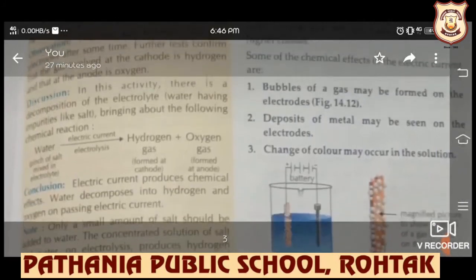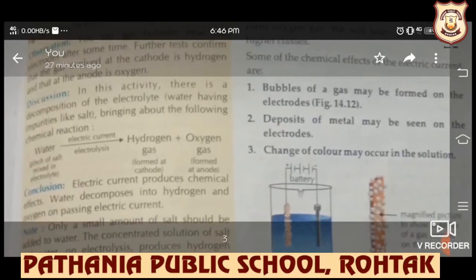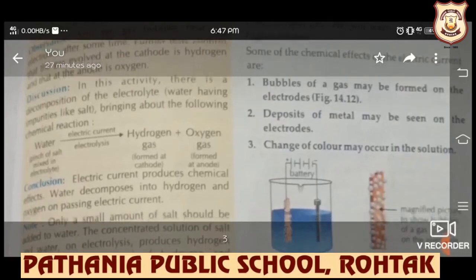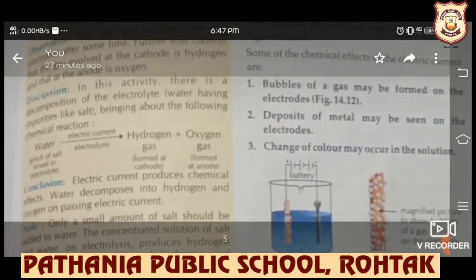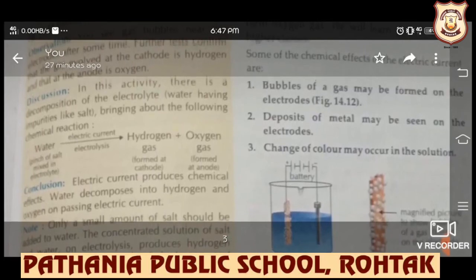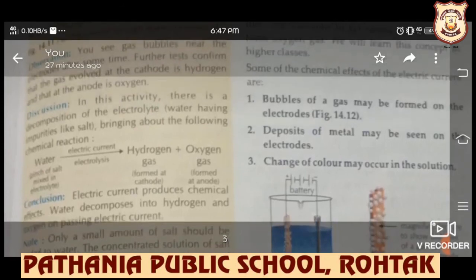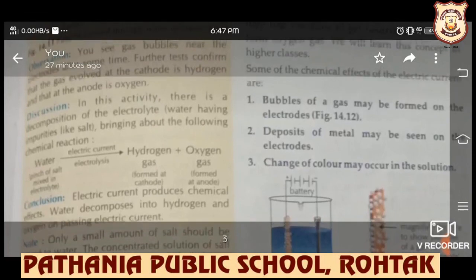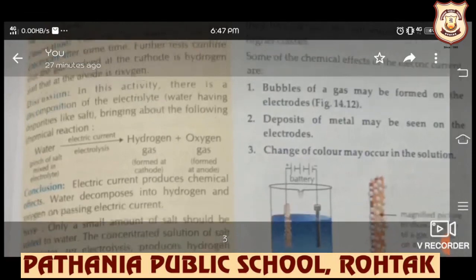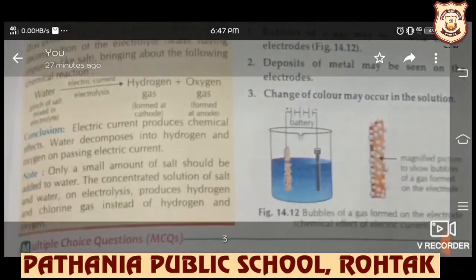So what we can see is that there is a decomposition. Decomposition means breakdown of the electrolyte, bringing about the following reaction. Water with a pinch of salt, when electric current is passed through it, is decomposed. It breaks down into hydrogen and oxygen.